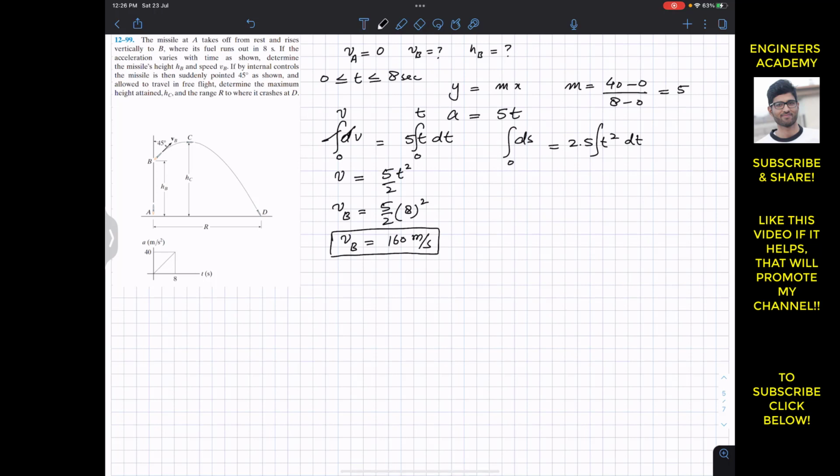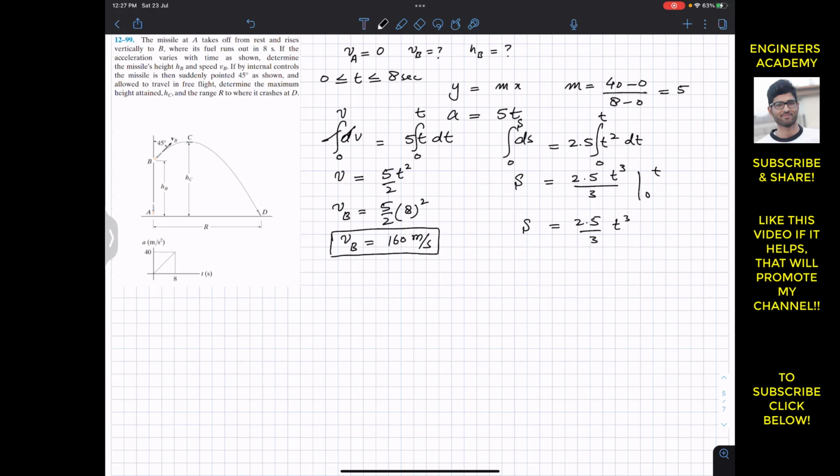So now we integrate from 0 to s, and this is again from 0 to t. When we integrate, we will be left with s, and if we put limits, that will be s minus 0, and this is 2.5 t to the power 3 divided by 3, from 0 to t. So ultimately we will get s equals 2.5 divided by 3 t to the power 3.